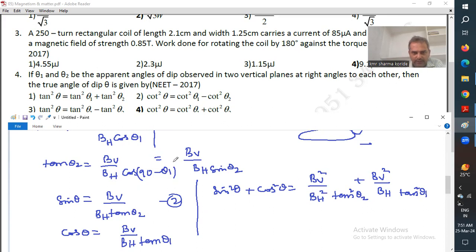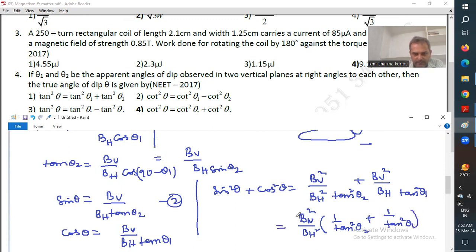So what is BH by? You take out common BH, BV square by BH square. It will be 1 by tan square theta 2, tan square theta 1.